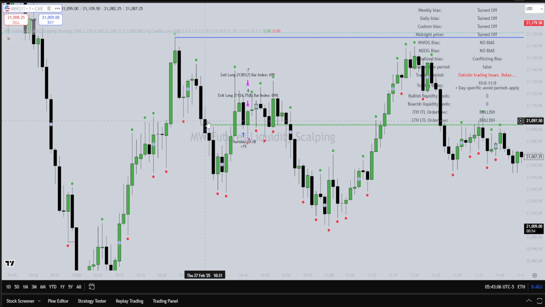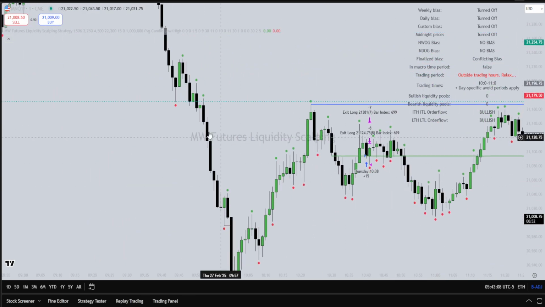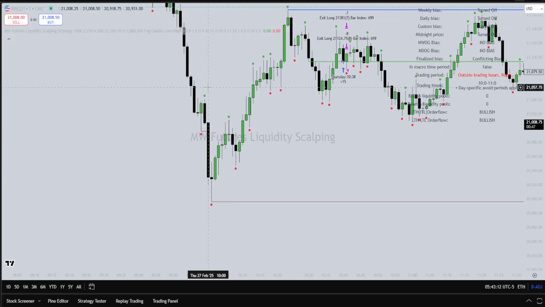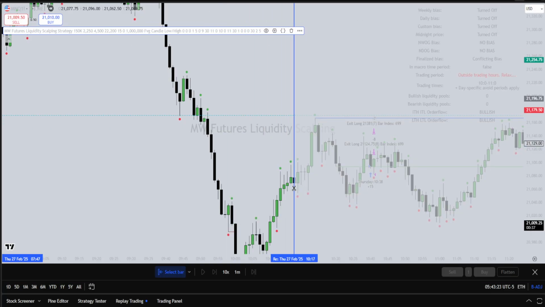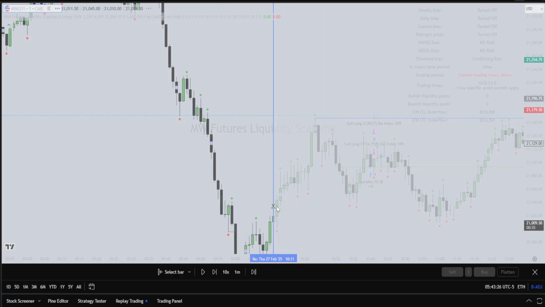We see that we have a fair value gap at 10:31, but the actual silver bullet hour started over here at 10, right? So potentially, we see that we had a move from all the way here to there. And when we go into bar replay, let's go to the 10-11 handle.